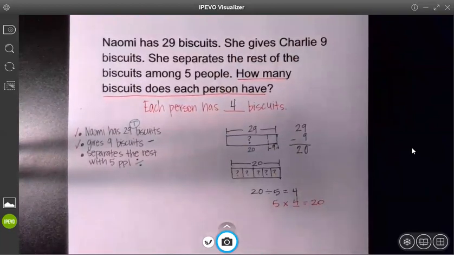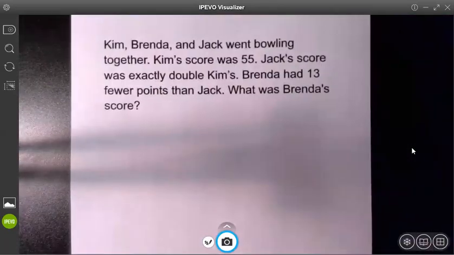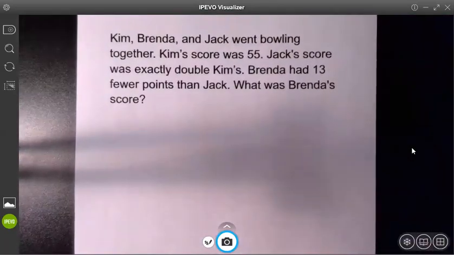So now let's go on to do one more word problem using bar models. So let's look at this next one. This next one says, Kim, Brenda, and Jack went bowling together. Kim's score was 55.